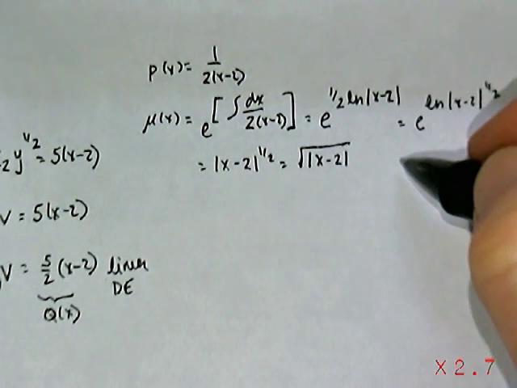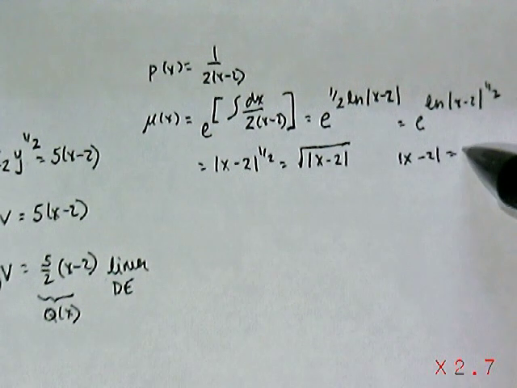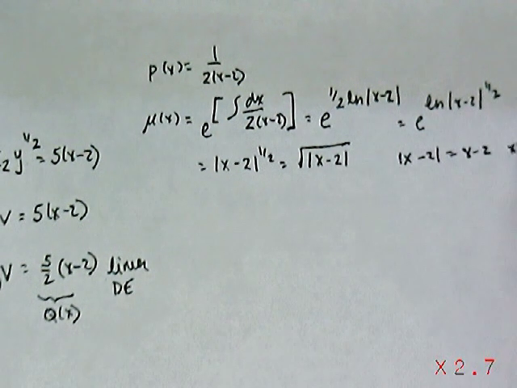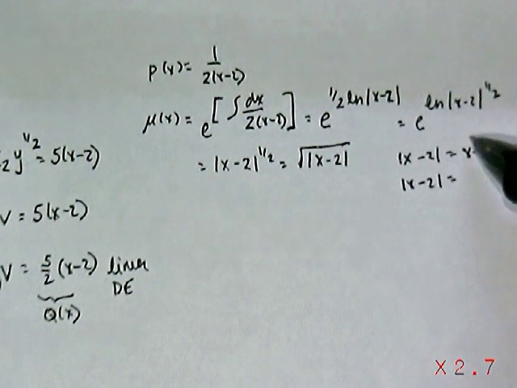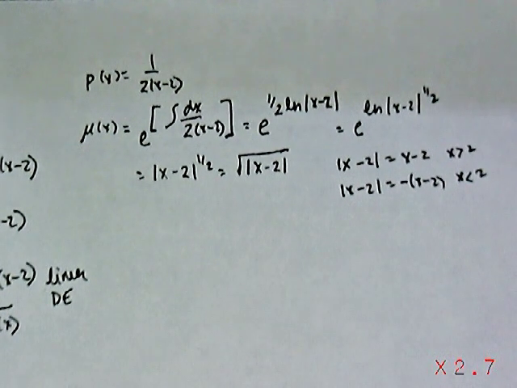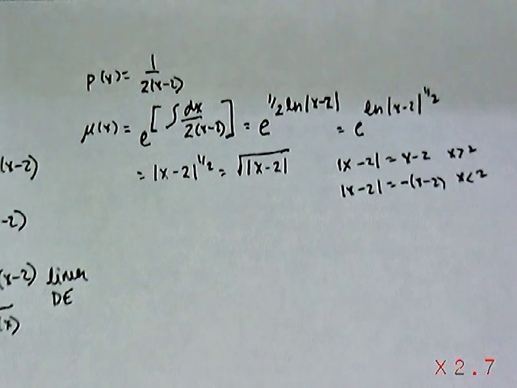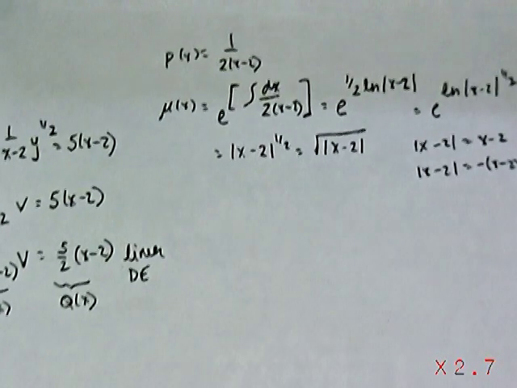If that's still confusing, the point is that the absolute value of x minus 2 is equal to x minus 2 for x greater than 2, but it is equal to the opposite of x minus 2 for x less than 2. So we can't pull out that absolute value. But in the meantime, we can go ahead and solve the equation.